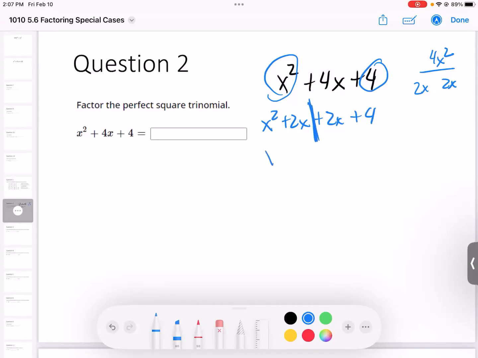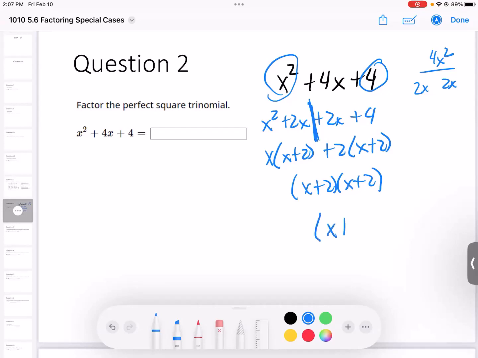Split those into two groups. The first group has an x in common. The second group has a 2 in common. And you end up with x plus 2 times x plus 2. And this is why it's called a perfect square trinomial, because you have two things that are the exact same multiplied together, and that gives you x plus 2 squared.